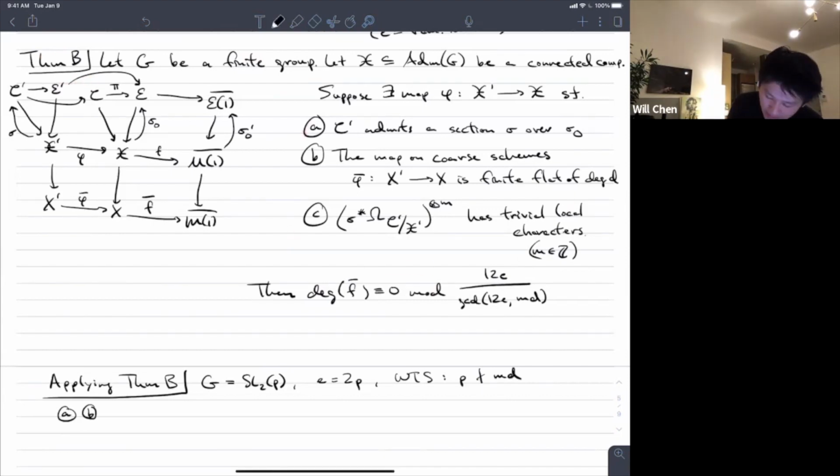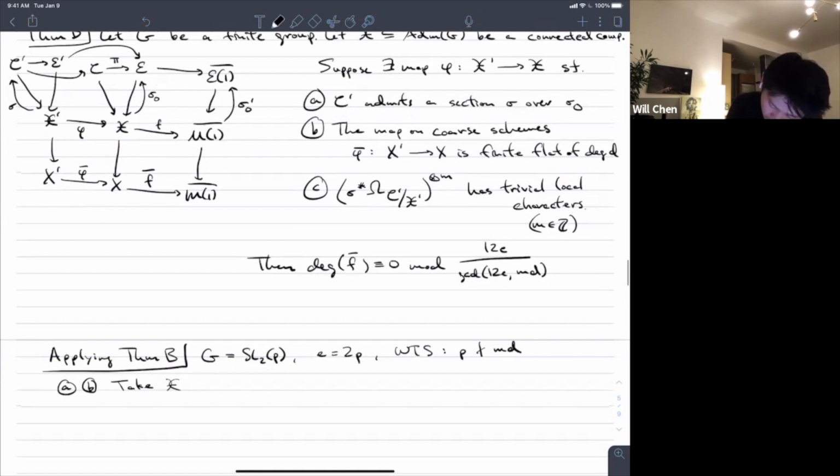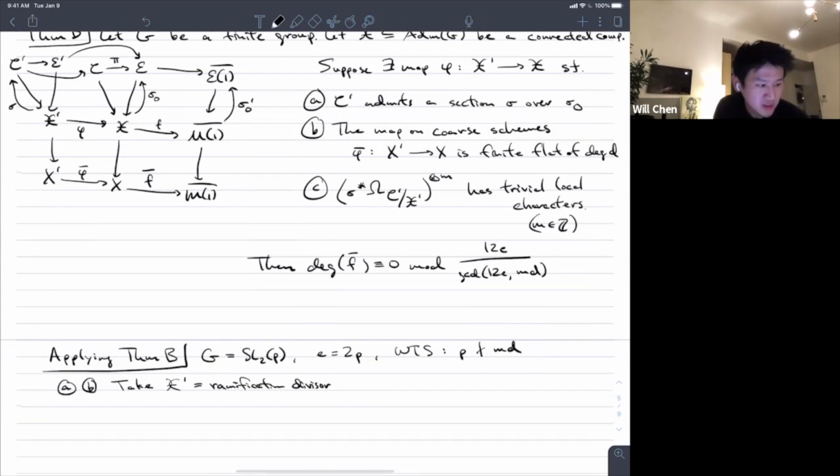Okay, so A and B are verified very quickly. You simply take X prime to be a component, or you can just take it to be the full ramification divisor. Maybe I should say reduced ramification divisor, depending on what people think of as ramification divisor. You can take it as a ramification divisor of this universal family, C prime. This is an SL2P cover, so it's got degree P squared minus 1.